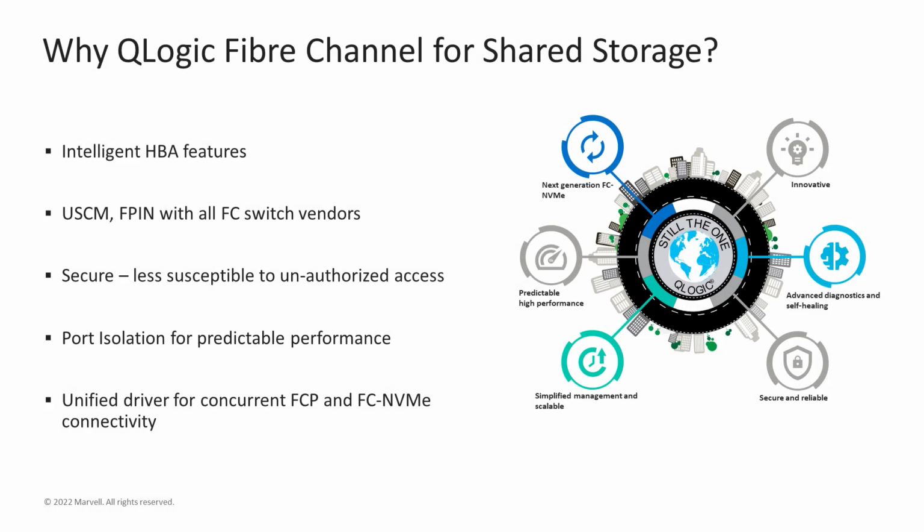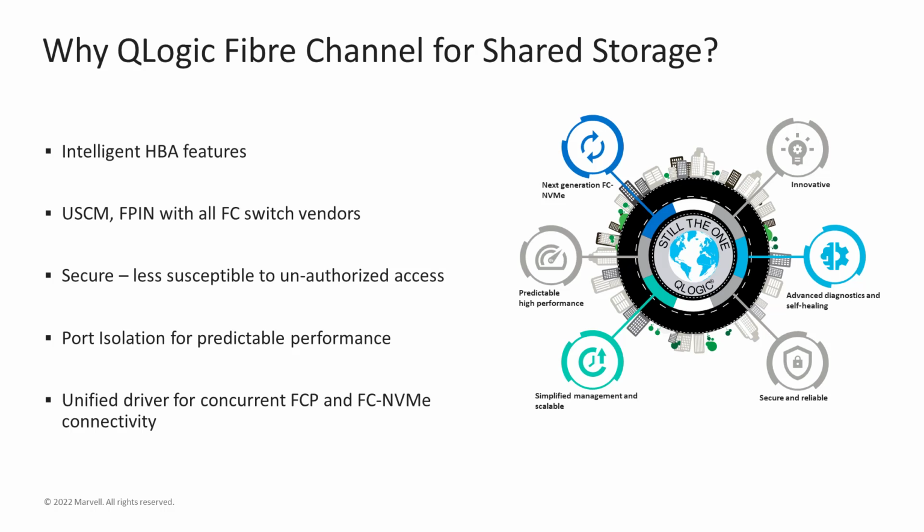So why QLogic Fibre Channel for host connectivity? Well, QLogic HBAs are the most innovative and feature-rich HBAs on the market. With full integration of those features across both Tier 1 Fibre Channel switch brands, Brocade and Cisco, QLogic HBAs provide advanced diagnostics and self-healing for SAN congestion in any SAN deployment.